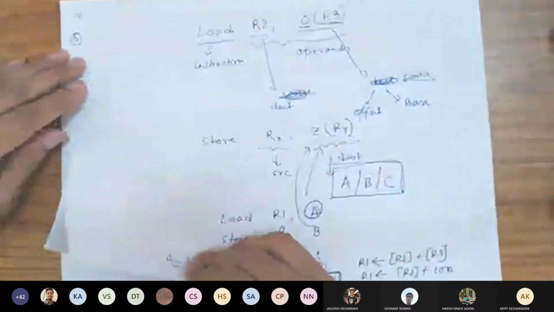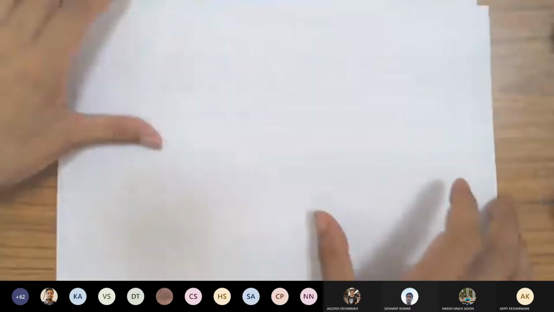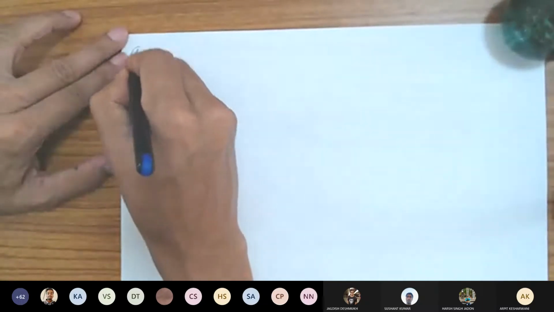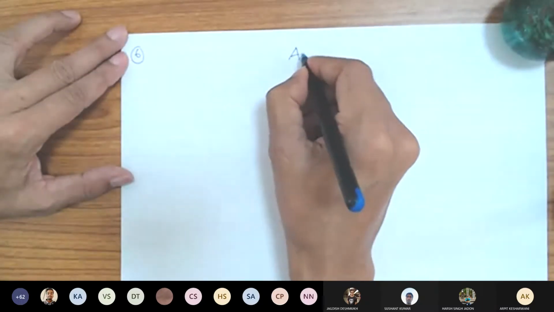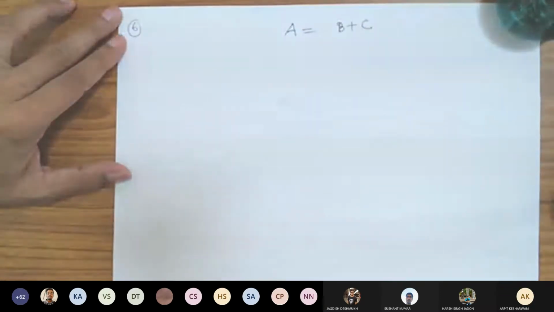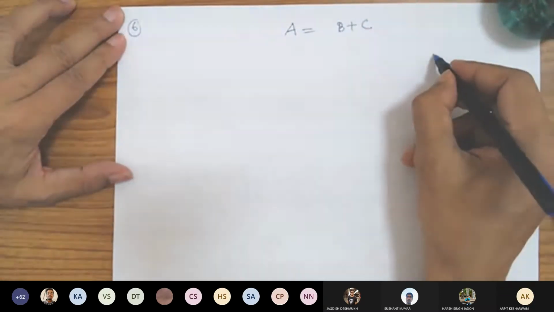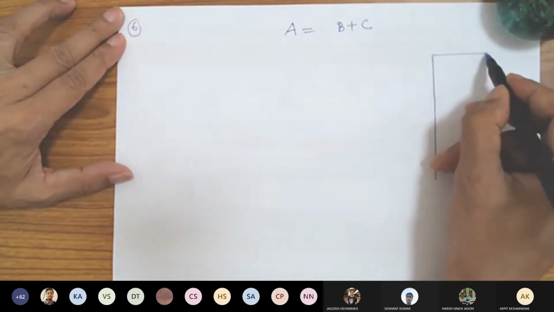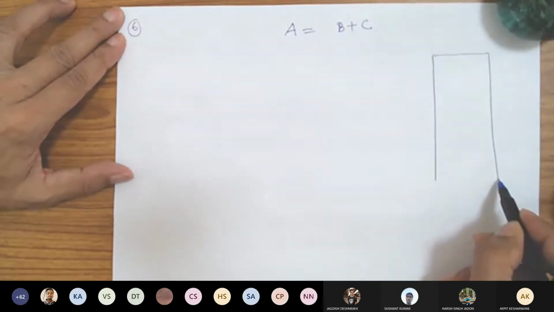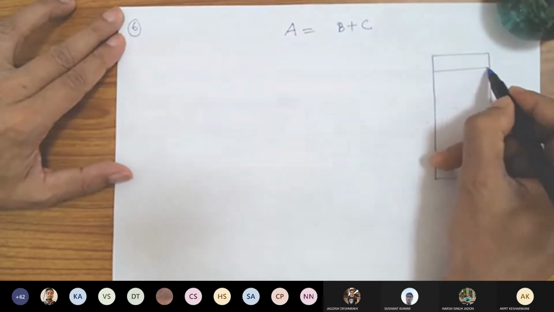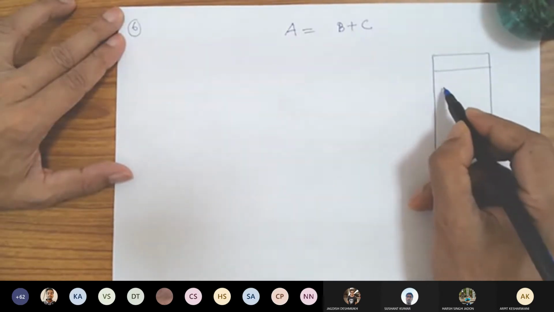Let us now write the program for A equals to B plus C. So we have A equals to B plus C. Now let's assume that the memory addresses of A, B, and C are something like this.